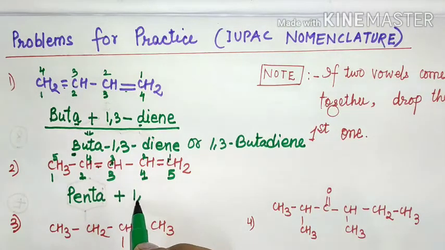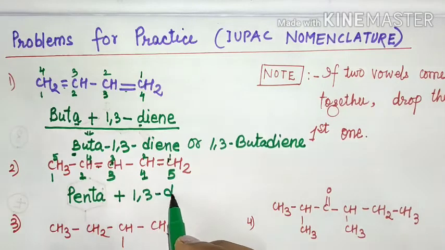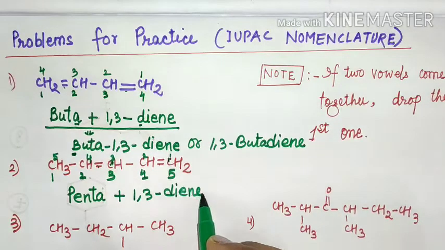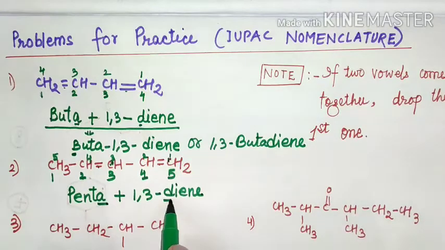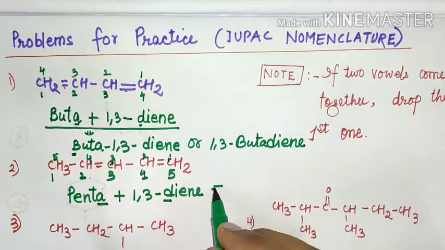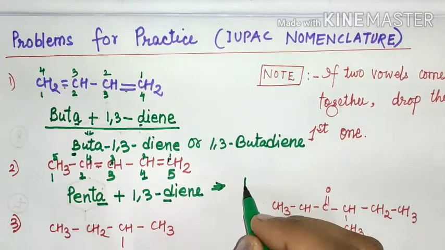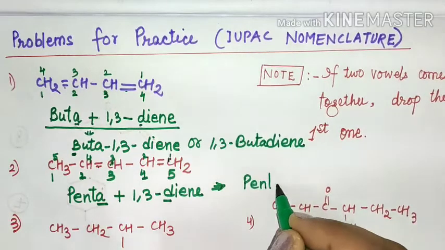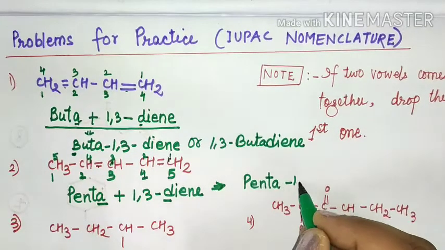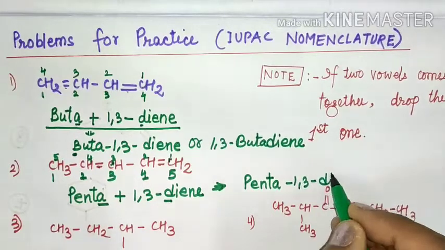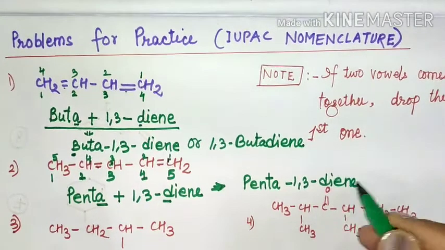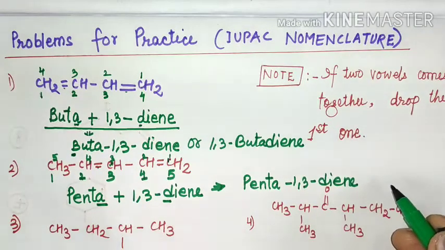So we will write 1,3-diene. One is a vowel, the other is a consonant, so no need to drop anything, and the answer is penta-1,3-diene. We can also write 1,3-pentadiene.